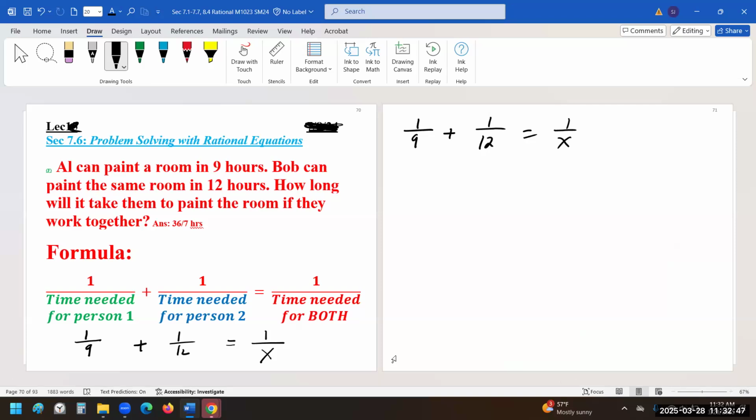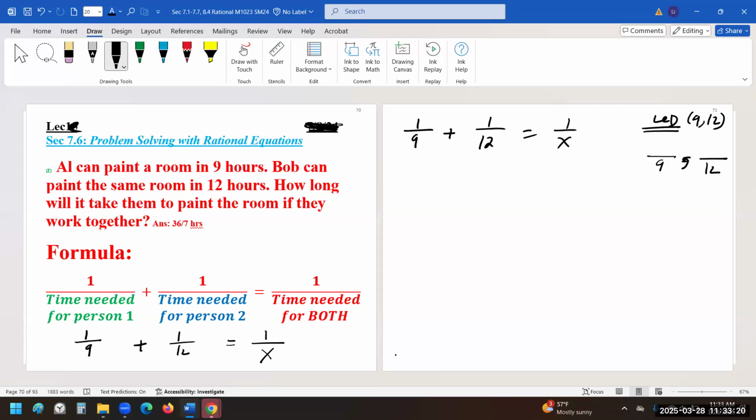So on the other side, you have simple numbers, no variables. So look for the LCD. What's the LCD between 9 and 12? You're looking for one number that you can divide by 9, and also by 12 evenly. 36. Is 36 the smallest number? Can you think of anything smaller than 36?